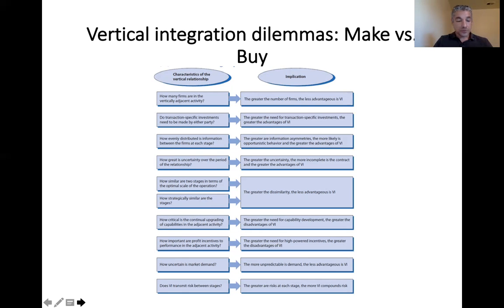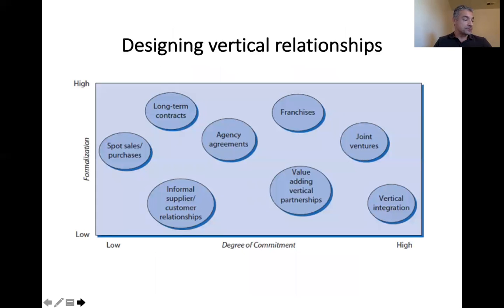Now, in terms of vertical relationships themselves, not all of them are created equal, right? They definitely differ by the degree of commitment of partners to the relationship and by the degree of formalization. In some cases, yes, you do buy a supplier or buyer, and this is how you become vertically integrated.